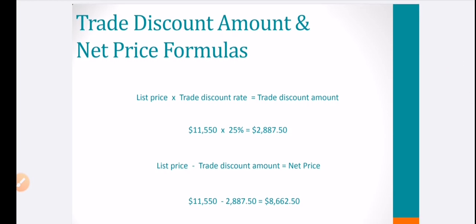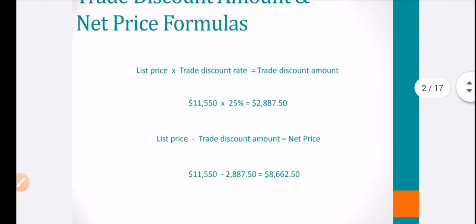Trade discount amount and net price formulas. It is simple to say that the trade discount amount equals the list price times the trade discount rate.